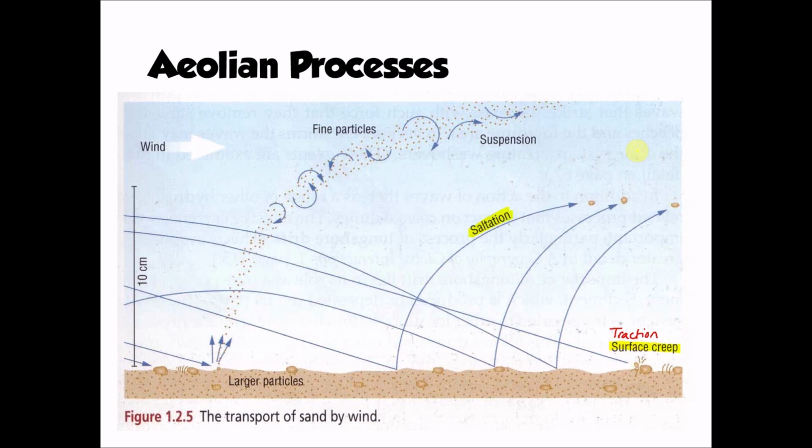That is exactly the same as the pebbles bouncing along the seabed. Even smaller particles might be small enough, or the wind might be strong enough, to pick them up and carry them in the air through the process of suspension. This is particularly prominent after storms. We sometimes see large quantities of sand being blown off the beach quite far inland, and it's an important output of sediment from the coastal system.